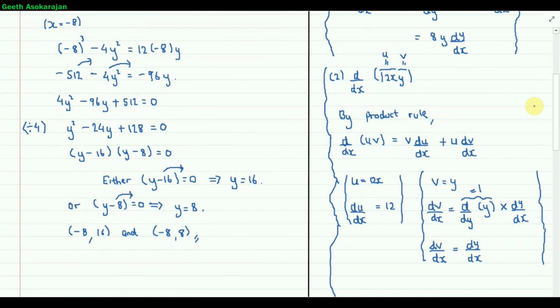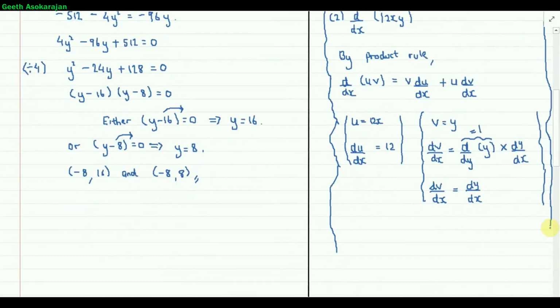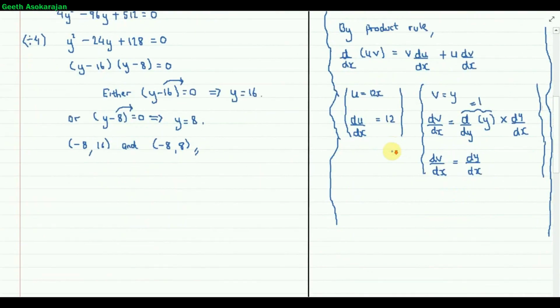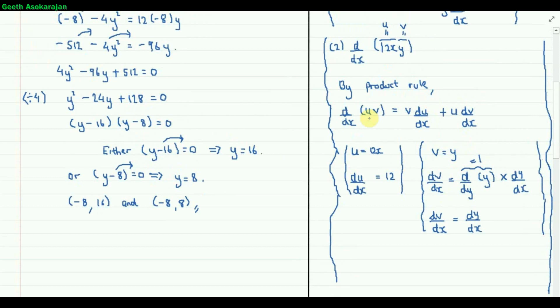So that's the side calculation for dv over dx. Let me complete the bracket over here. So this is all side calculation for number 2. Now let's replace the data in our product rule. On the left we have d by dx of uv. U is 12x and v is y, so 12xy.